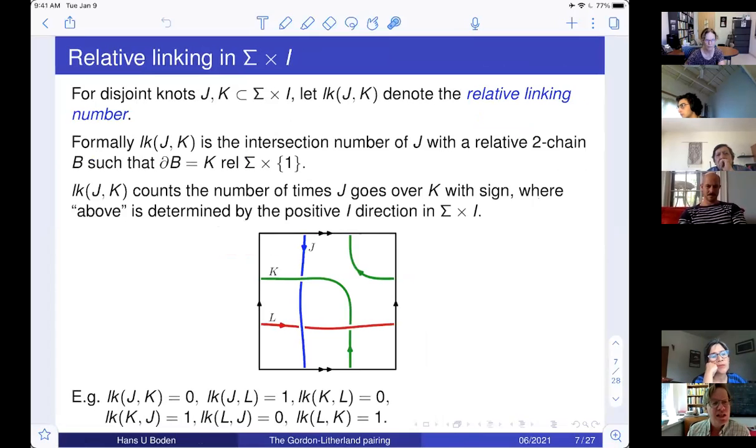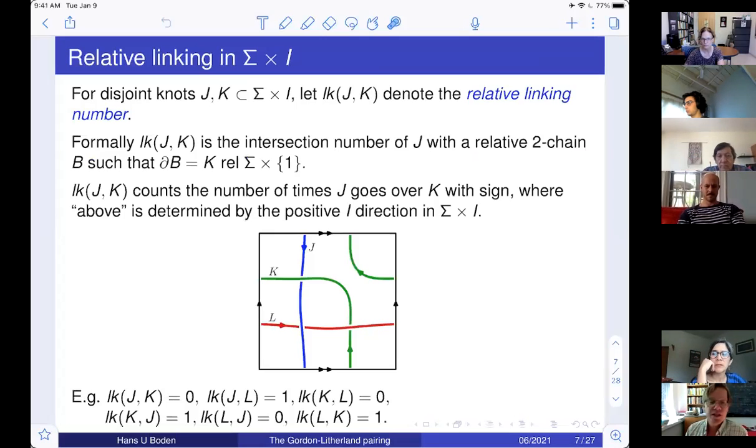So if J and K are disjoint knots in a thickened surface, then we'll use just linking number of J with K to denote the intersection number of J with a relative two-chain that bounds K relative to the top. So that's what it is formally. From a practical point of view, if you want to know how to compute this, you draw your knots in your thickened surface, and then you count the way you'd usually count linking numbers.